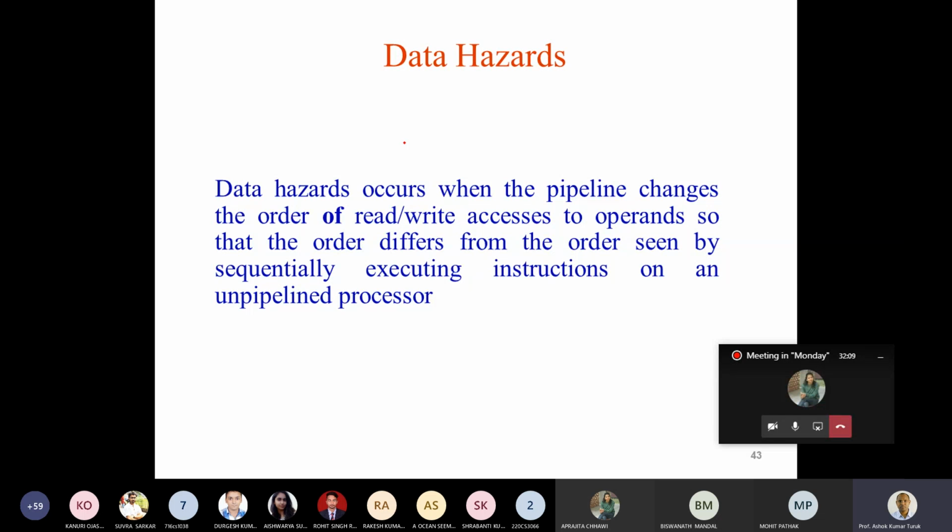So if you look stage-wise, the read and write access of the operand are going to differ. As a result of this, there is a possibility of a different order in which the read and write take place, as a result of which the data hazard is going to take place.